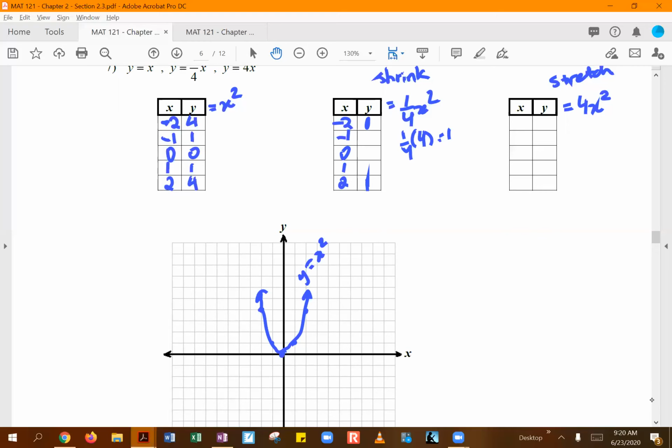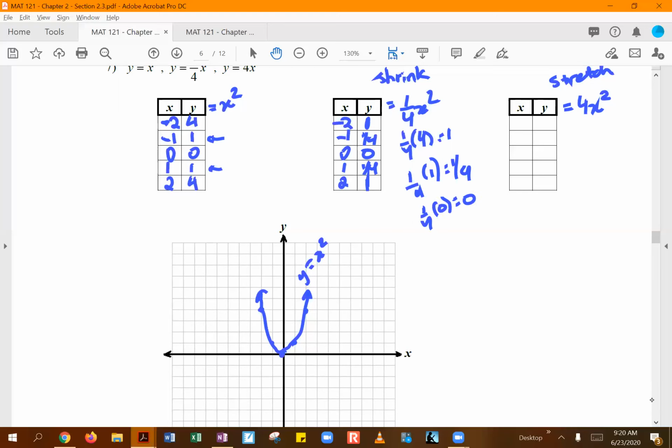For -1 and +1, where you're getting +1 as your y value, you will be doing 1/4 times 1, which will of course give you 1/4. So these points will now be 1/4, and anything multiplied by 0 is going to be 0.